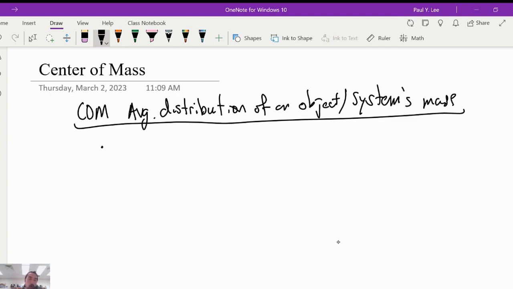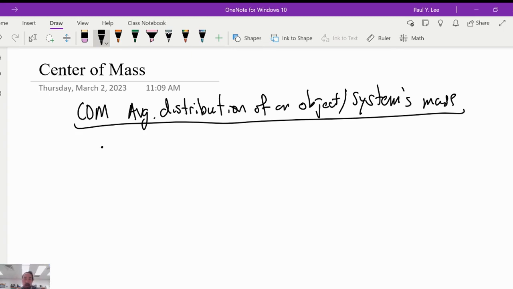So when we draw things, oftentimes in physics, we don't actually draw the person, or the dog or the car. We represent it as a dot. And that dot actually represents the center of mass. So the idea of the center of mass is if you get a ball or a car, and you were to crunch it down into a tiny little ball, that would be the idea of center of mass.